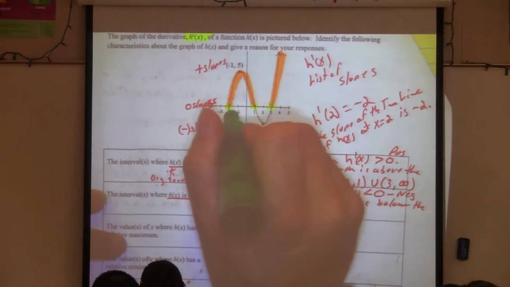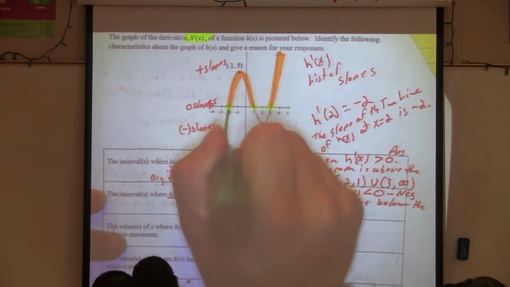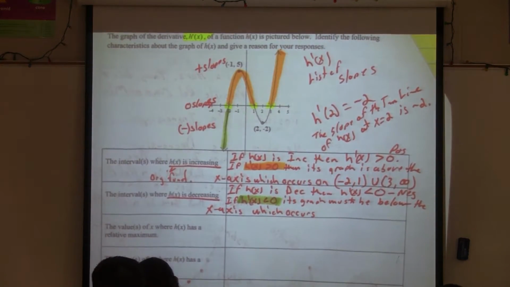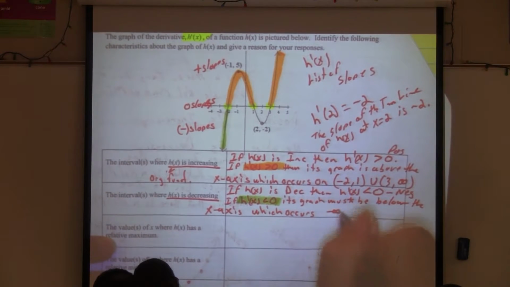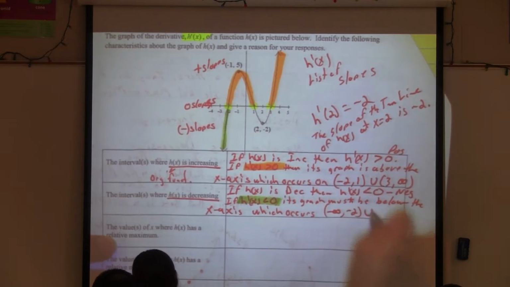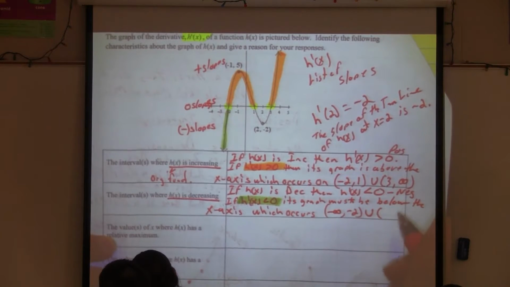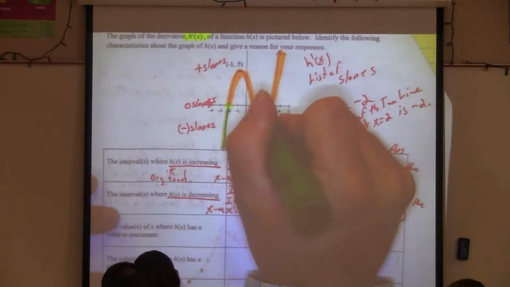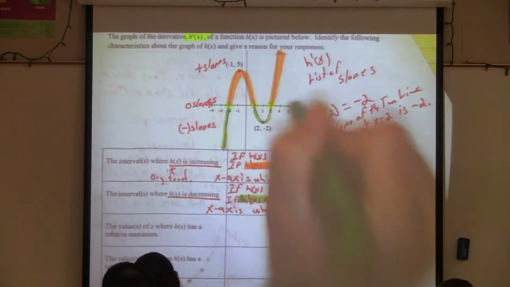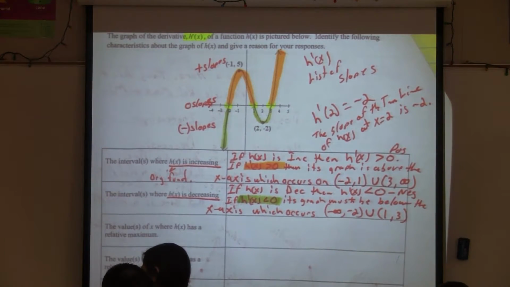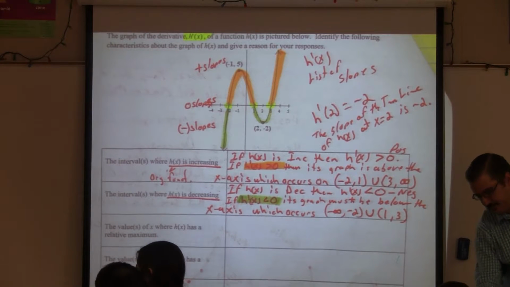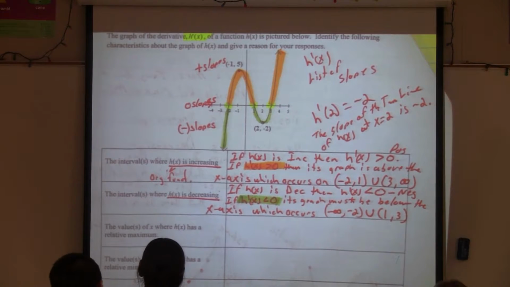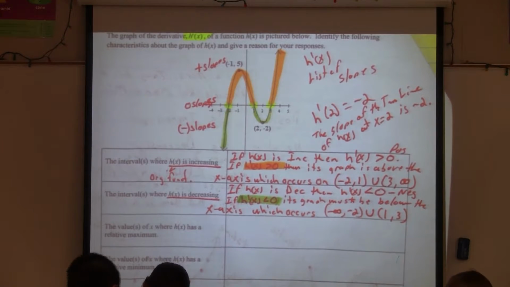Negative infinity to negative 2, okay, good, union 1 to 3. Good. Right here to right here. Got it? Pretty easy?